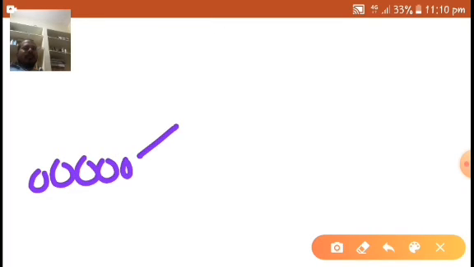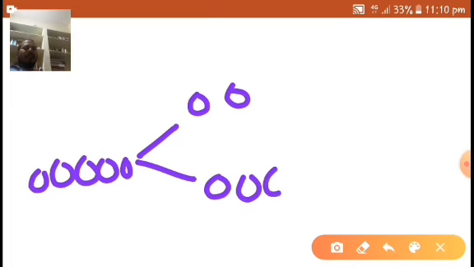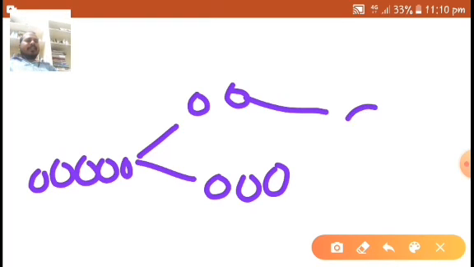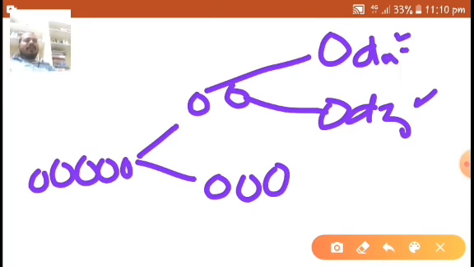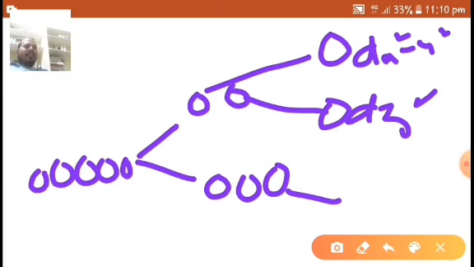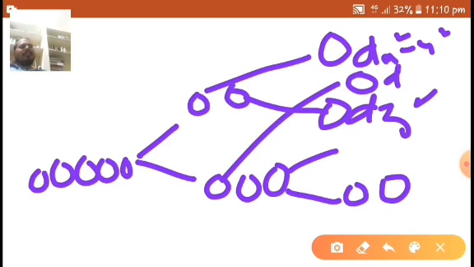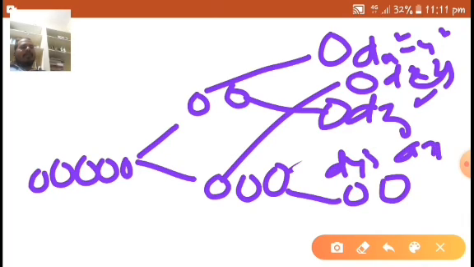So what happened here? Ligands approach the metal ion along the axis, so energy of Eg orbital is increased, and again there are no ligands along the z axis, so the energy of dz square orbital is decreased and energy of dx square minus y square orbital is increased, and the energy of dxy orbital is increased, and the energy of dyz and dzx orbital is decreased.